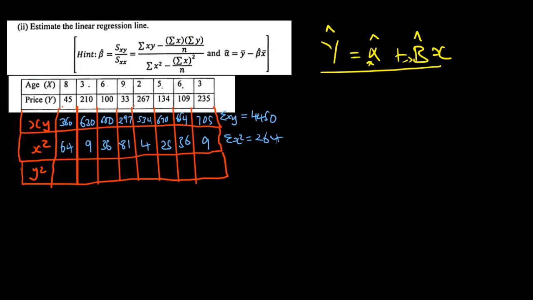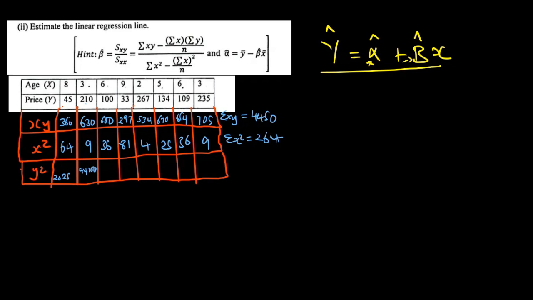Let's find the y squared now. We're going to square each of these y values. So 45 squared gives me 2025, which is this here, right? The next one is 210 squared, which gives me 44100.